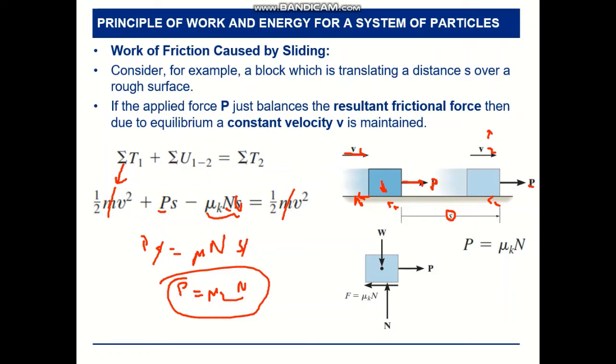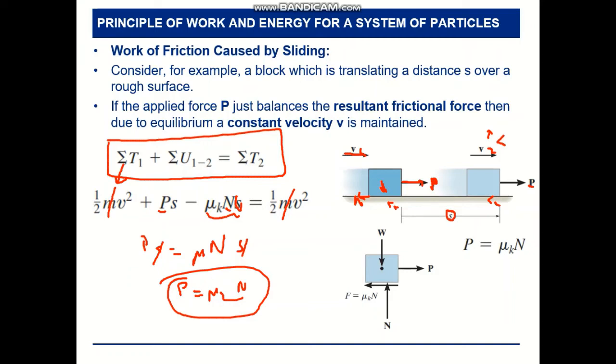If it is like this, p is going to be less than this one. If we have an initial velocity, v2 is going to be smaller, so at some point it's going to stop. Again we use our main formula and add all the variables, like friction forces.